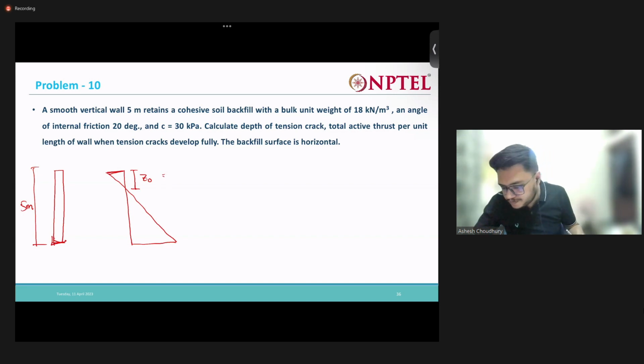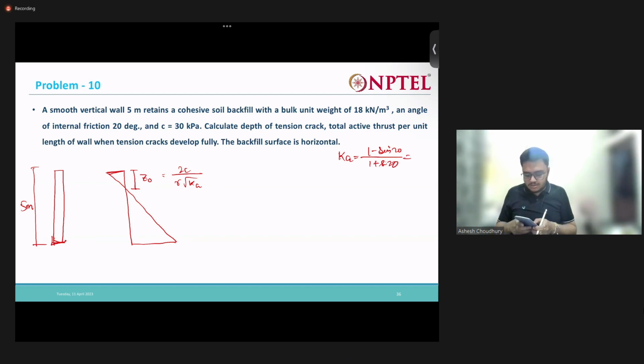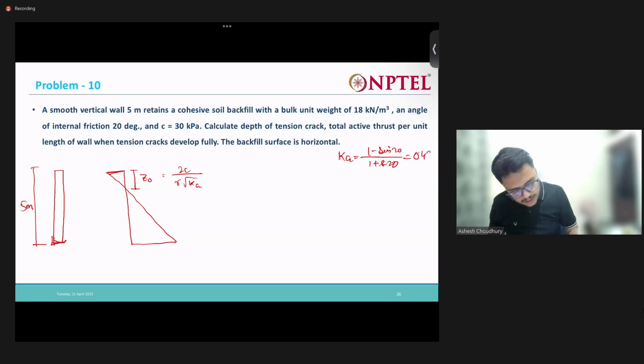Z naught is 2c by gamma root over Ka. What is Ka? 1 minus sin 20 by 1 plus sin 20. How much will it be? 0.49. So Ka will be 0.49.